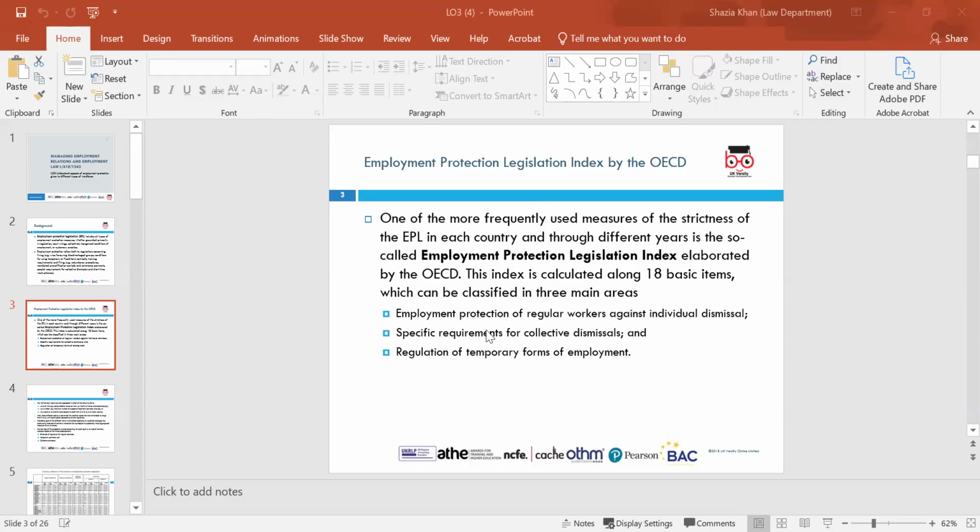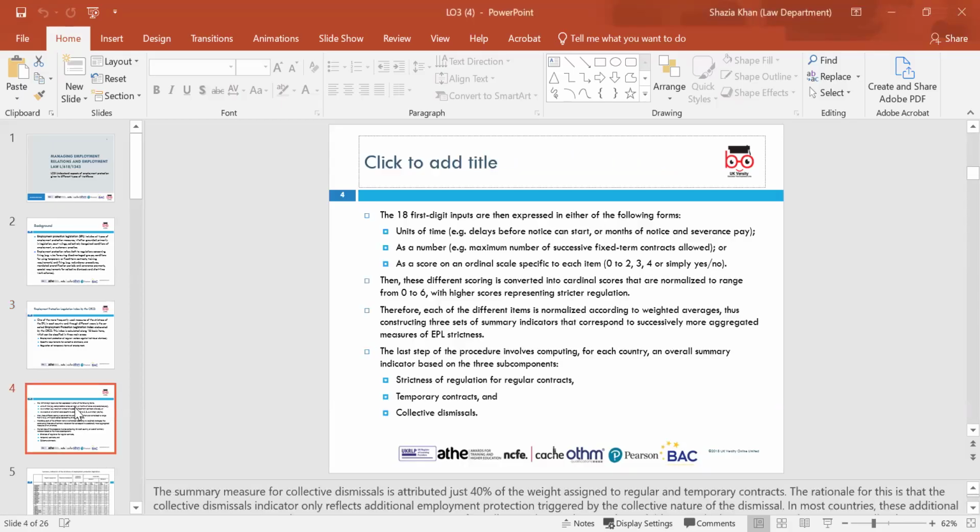One of the frequently used measures is strictness, which this index calculates along 18 basic items, classified in 3 main areas: employment protection of regular workers against individual dismissal, specific requirements for collective dismissals, and regulation of temporary forms of employment.